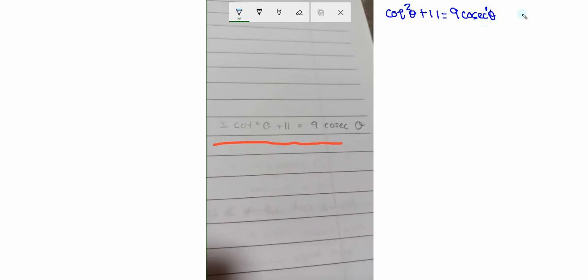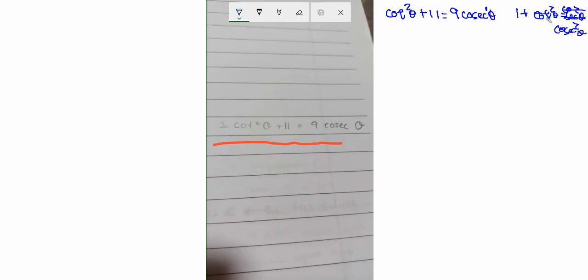Now if you look at the identities, one of them is 1 plus cotangent square theta is equal to cosecant square theta. Okay, now let's convert this.